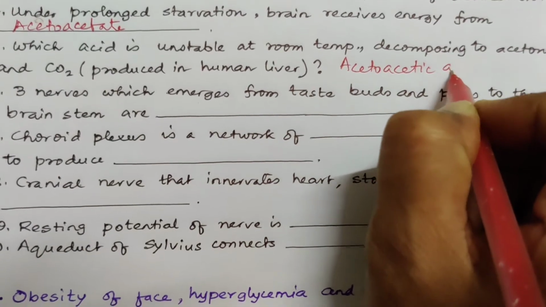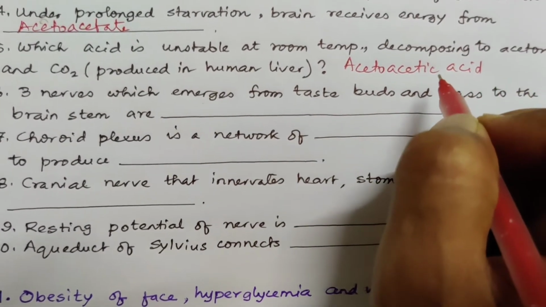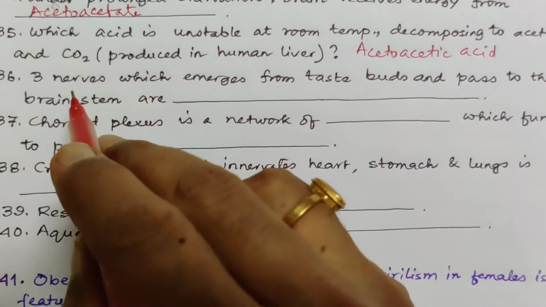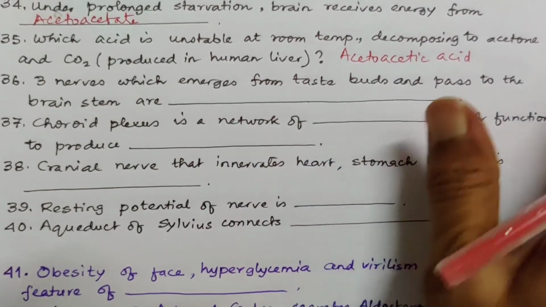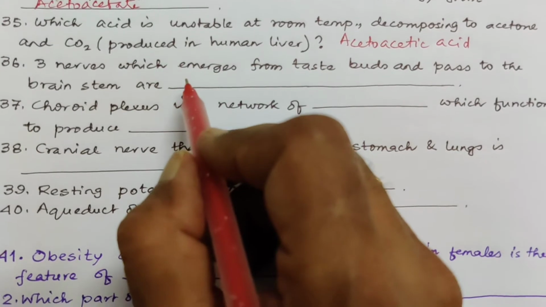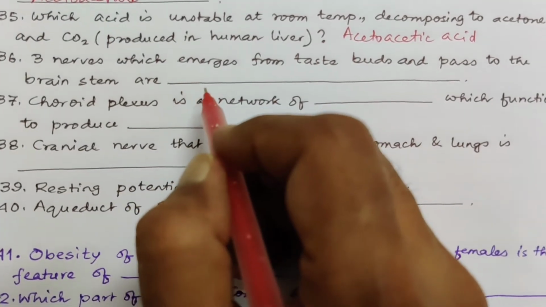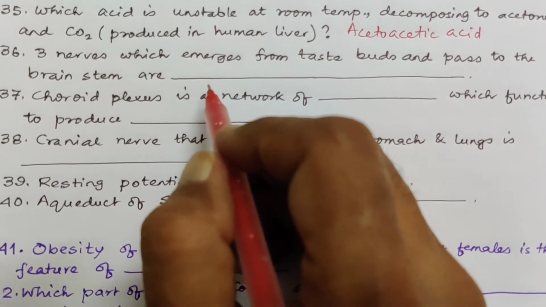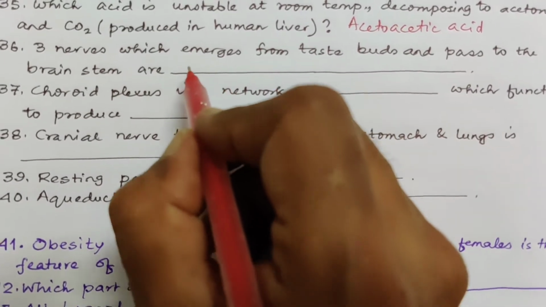Acetoacetic acid. Three nerves which emerge from taste buds and pass to the brainstem are facial, glossopharyngeal and vagus.